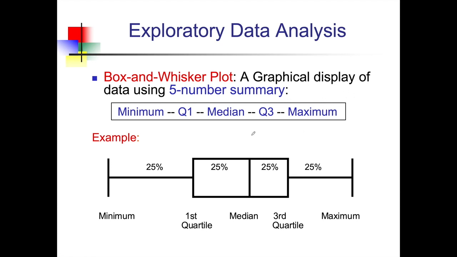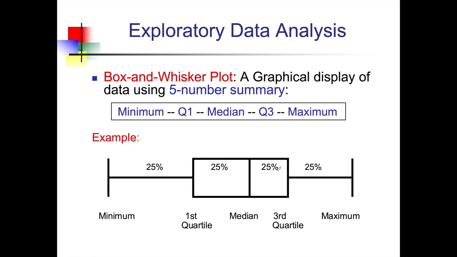This is how the box plot looks like. The minimum value is on this part, the maximum value here, and for the first quartile and third quartile range, we draw a box. That's why it is called a box plot. And let's label the median, or the value of Q2.